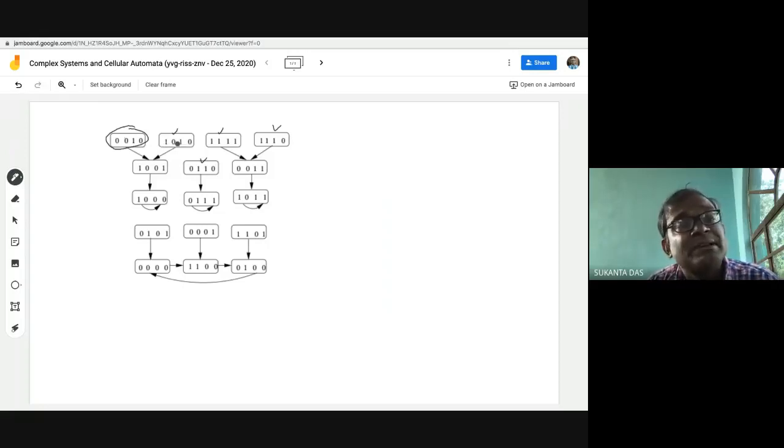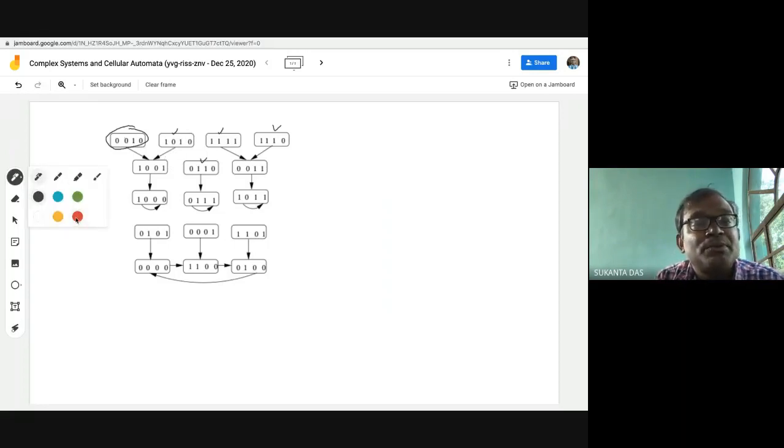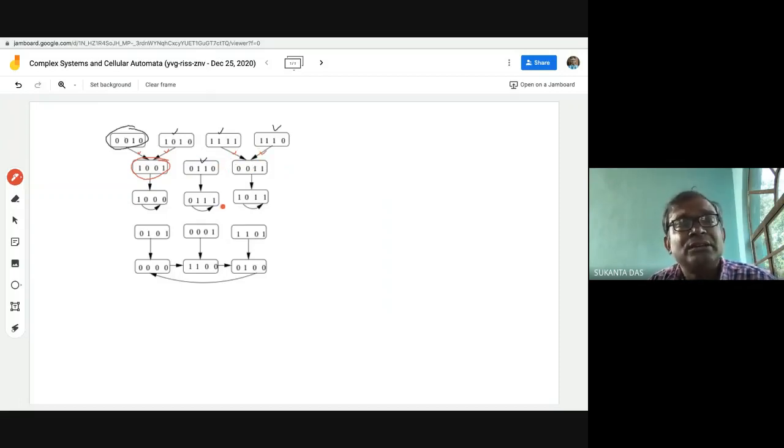So it's a non-surjective CA, and it is not injective also. Why is it not injective? You can see there is a many-to-one mapping. This configuration has two predecessors. Similarly, this is also having two predecessors in this way.